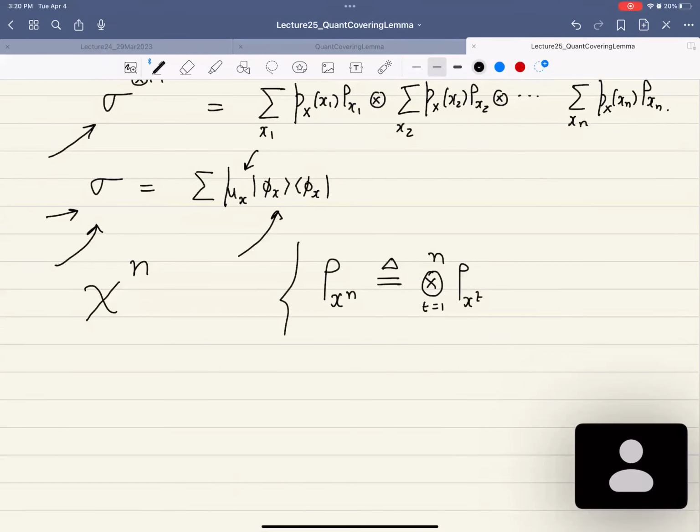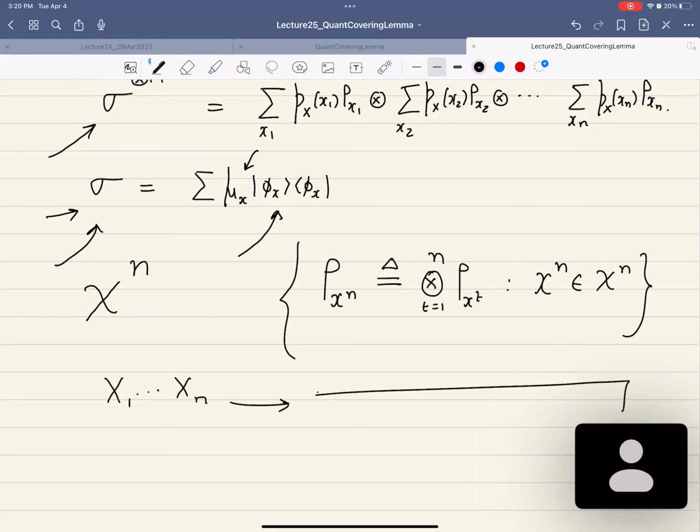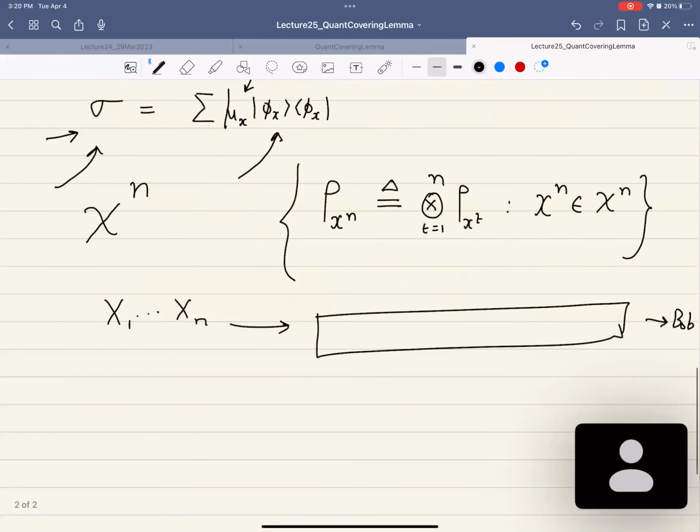And I should be able to have this entire collection of quantum states in my library. So I wake up today, I sample x1 through xn, and based on that, I should go to my library, pick up that quantum state, and give it to Bob. Do you agree? If you agree, put a thumbs up, and then I'll go from there.